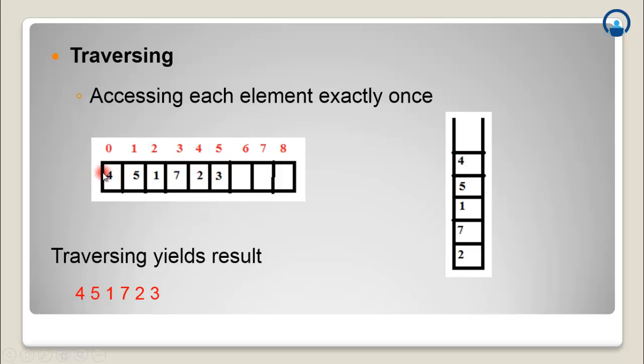If I am saying the array is of type character, then it will store only characters, like A, B, C, D. And if the array type is string, then each cell will contain a string value.